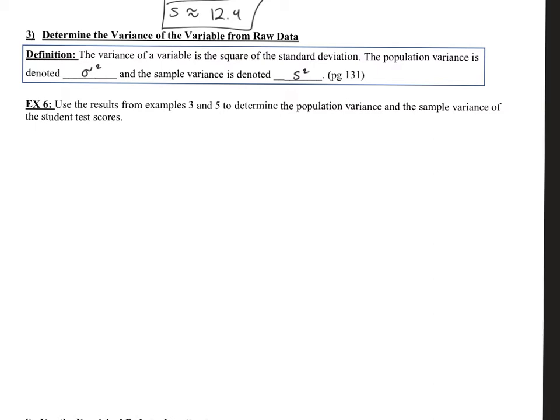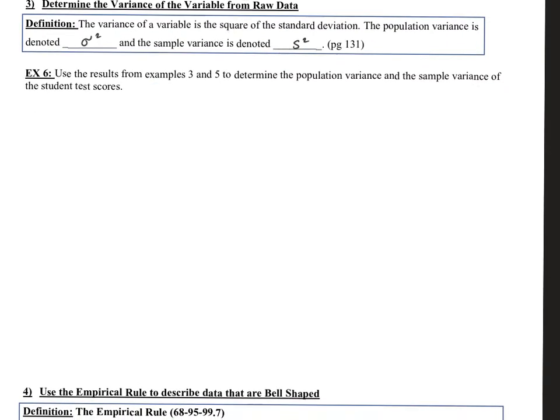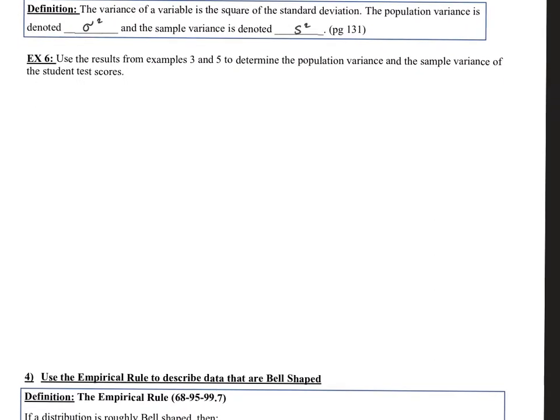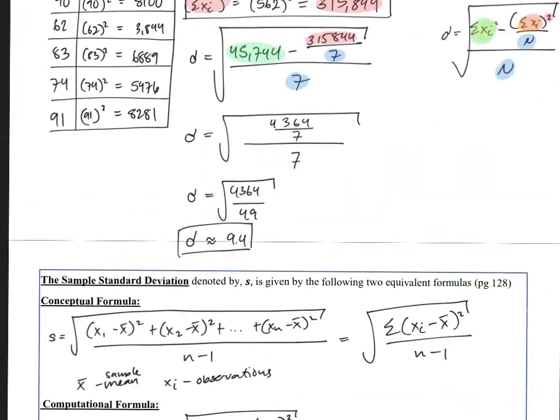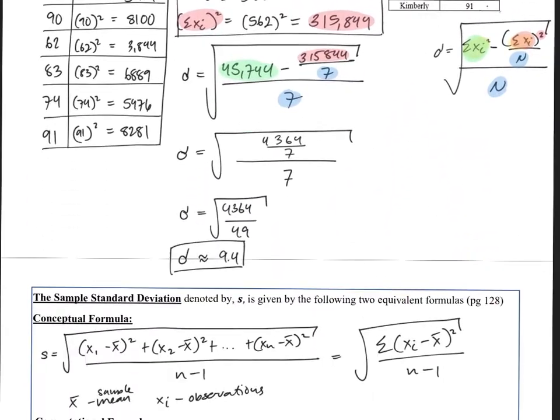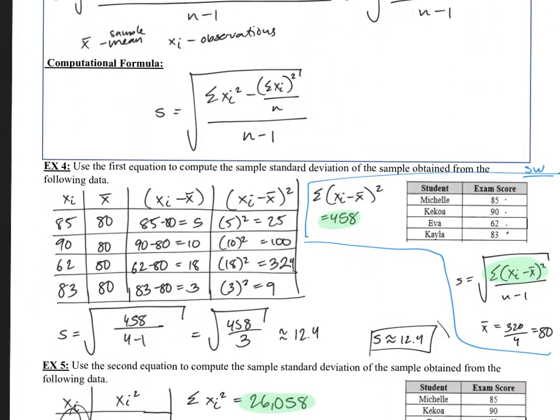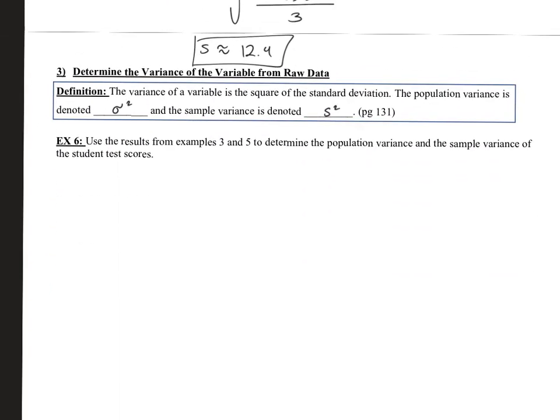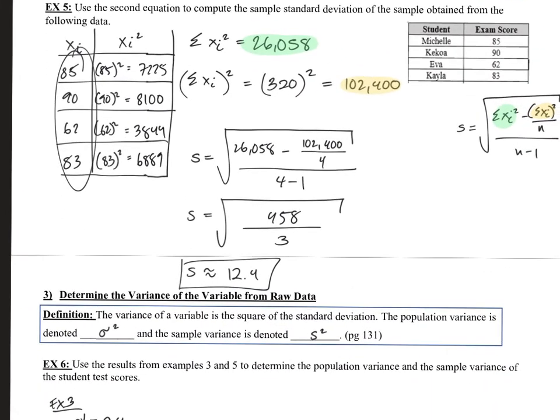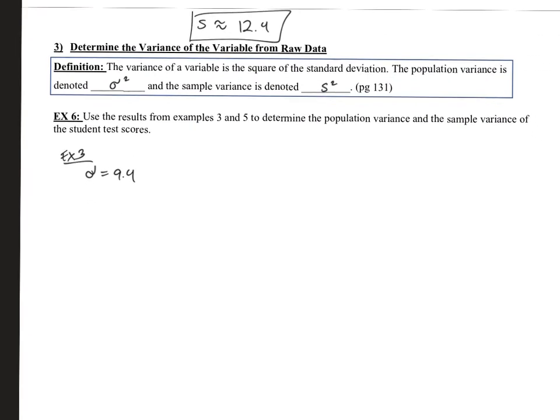All right, example 6. Use the results from examples 3 and 5 to determine the population variance and the sample variance of the student's test scores. So example 3, what did we get from example 3? We got standard deviation of 9.4. And from example 5, we got sample standard deviation of 12.4.